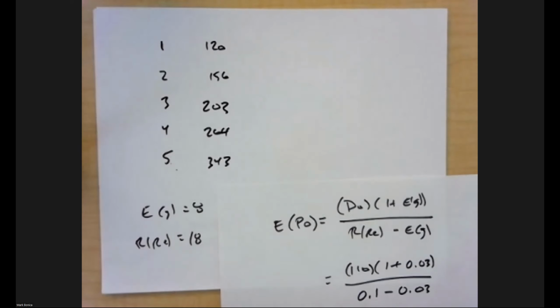Constant growth begins after year 5. So rapid growth is through year 5. Constant growth begins after year 5 at a rate of 8%.